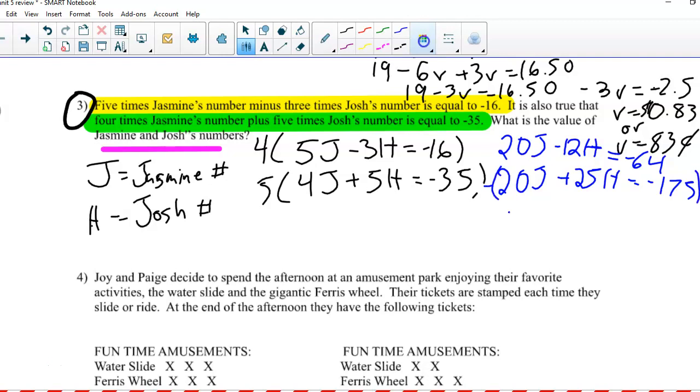20j minus 20j is 0. Negative 12h minus 25h is negative 37h. And then negative 64 minus negative 175 is 111, which should be positive.